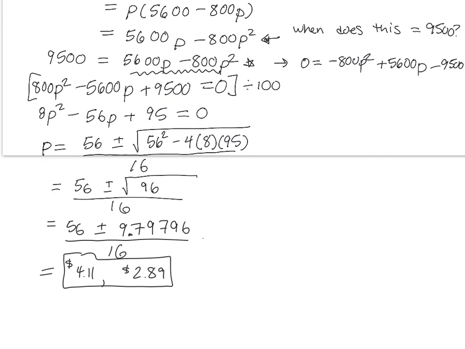The only time one wouldn't make sense is when one of them would be negative. The one with the higher price means they're selling fewer things of milk, whereas the other one, they're selling more. So maybe they're going to choose to sell at $4.11 and sell fewer, and take the leftover milk and sell it to the yogurt makers so they can make more money.